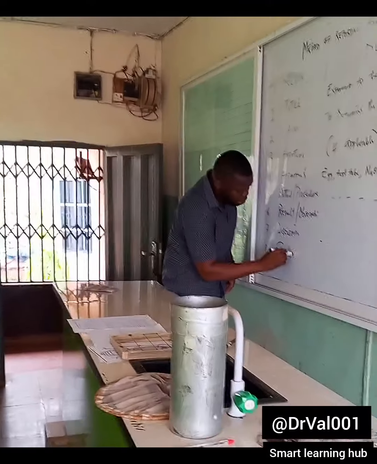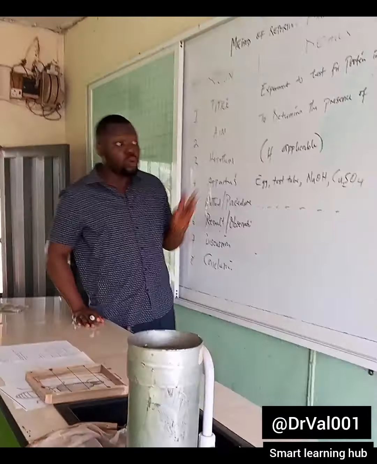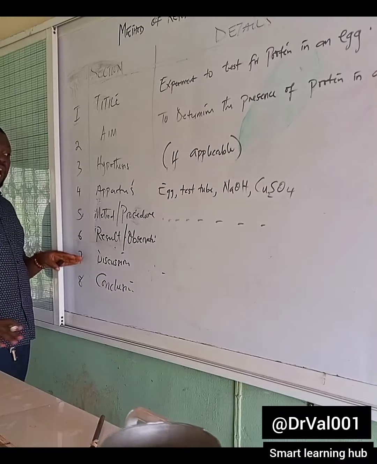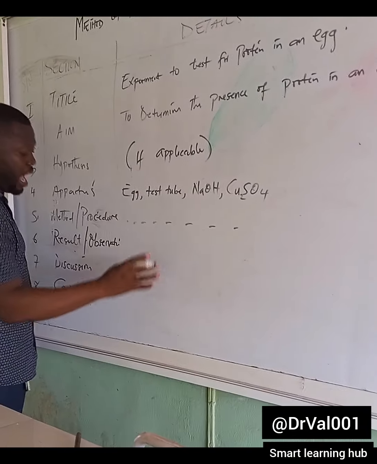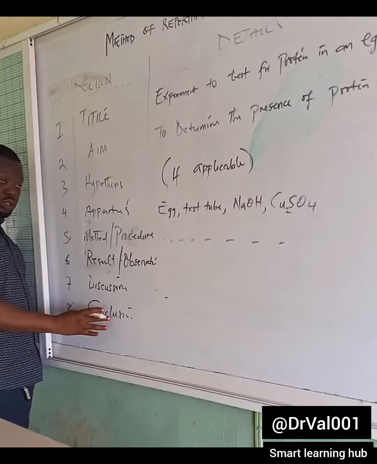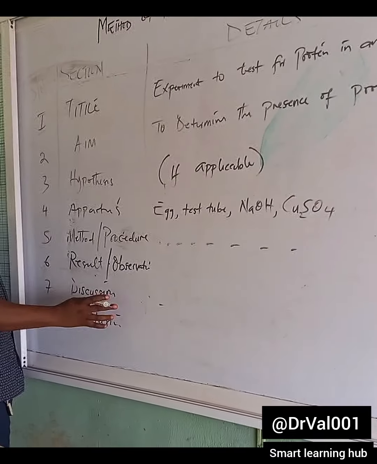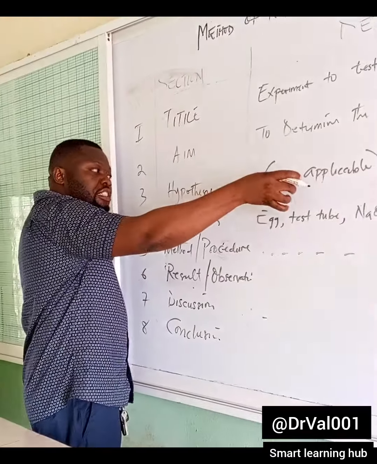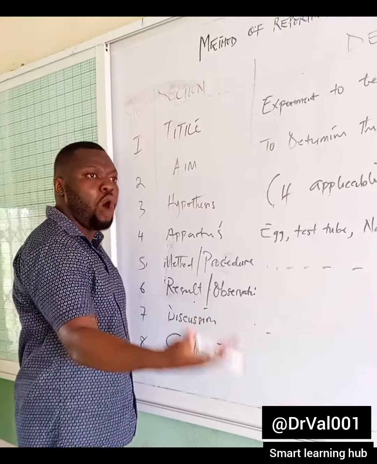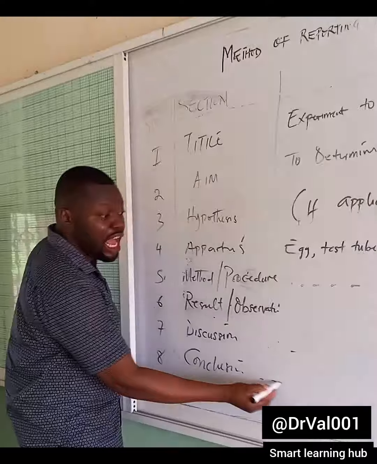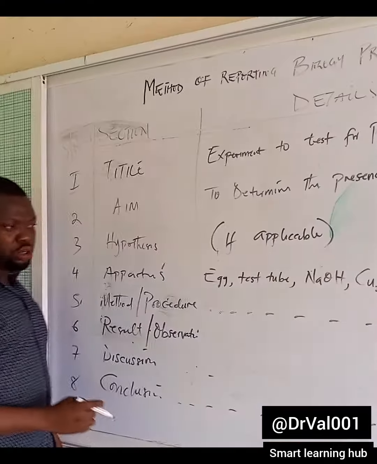Number 8 step is conclusion. This is where you will now conclude. Remember, your results have given you an idea of what you're going to conclude after your discussion. Because in the discussion you are trying to make your hypothesis a working document, thereby making it a law or a principle, which will now come to your conclusion.